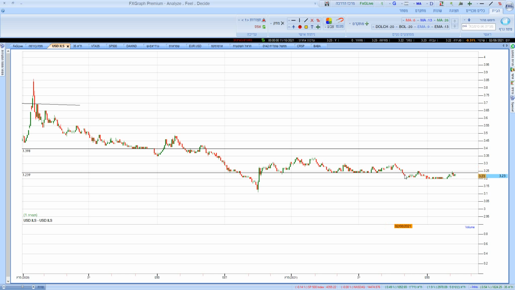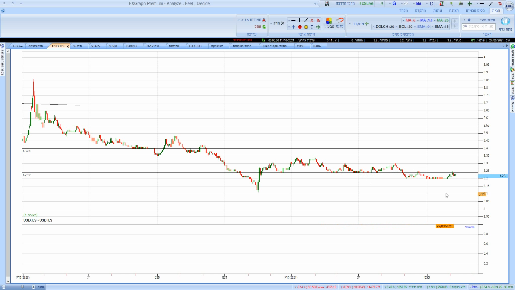So the market broke down this rate, and now it is a resistance. It's a resistance not because the Bank of Israel is now a seller. It is not. But many people work according to technical analysis, and they know that if a support is broken down, it becomes a resistance. So that's the point they will sell.